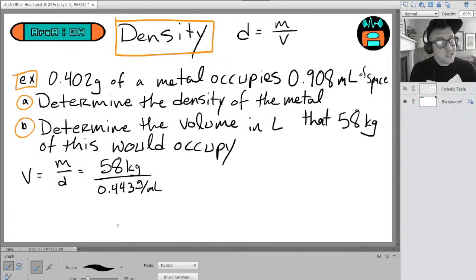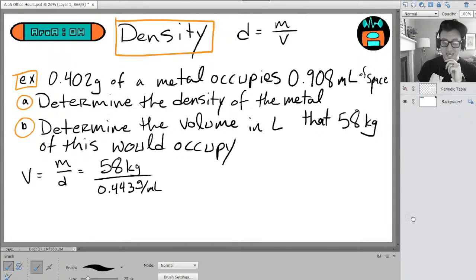You'll notice that as I'm doing these problems, I'm writing my units every step. Not every student does this. I am a strong advocate of doing so, and here's why. If you don't write in your units, you might put 58 over 0.443, hit enter, get a number, move on. And that answer would be incorrect.